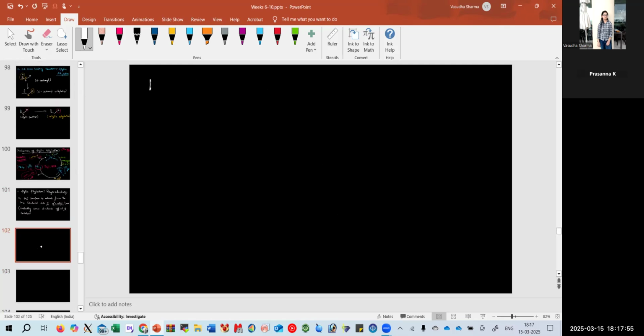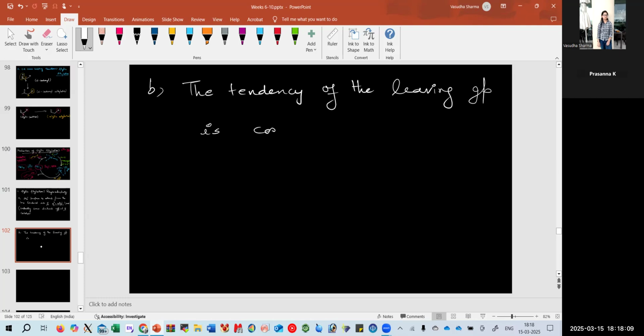Second point for this mechanism was the tendency of the leaving group, which is very, very important over here. So how has it been considered? If you have chlorine, the ester group, the acetate group, what would be the tendency of the leaving group?